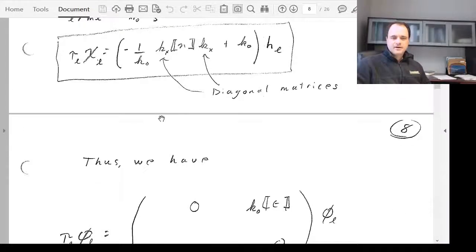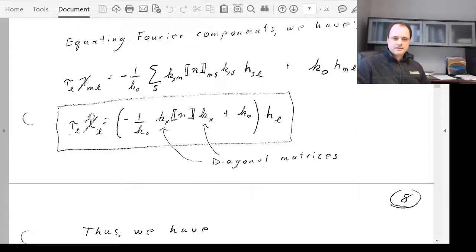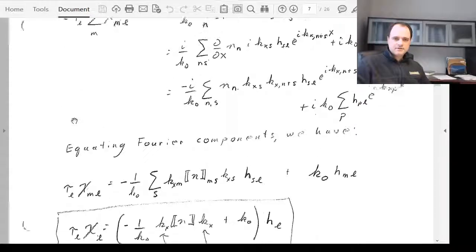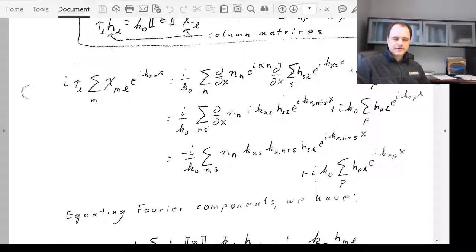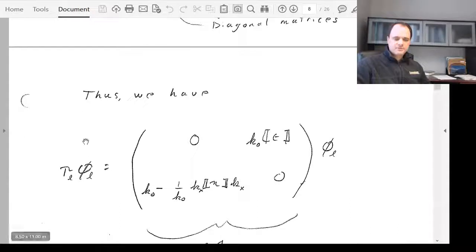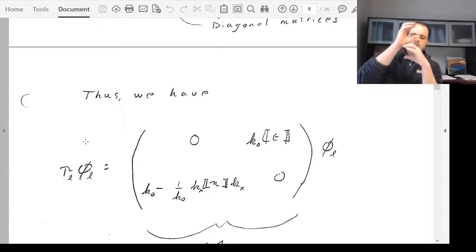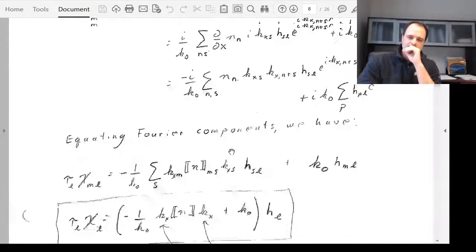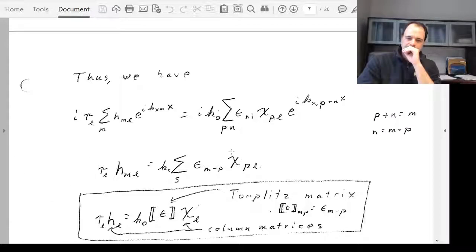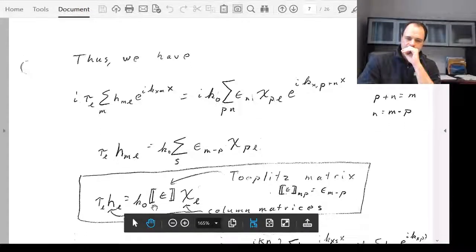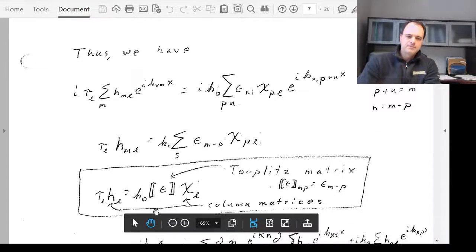So we have on the left-hand side tau times chi, tau times h_L, and so when we're combining those, putting the h and the chi on top of each other to make a big column matrix, we have just tau times that column matrix. On the right-hand side, we combine this, combine this right here.